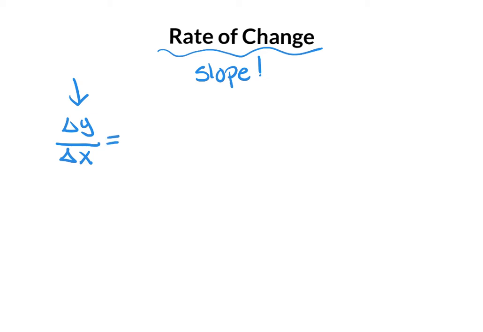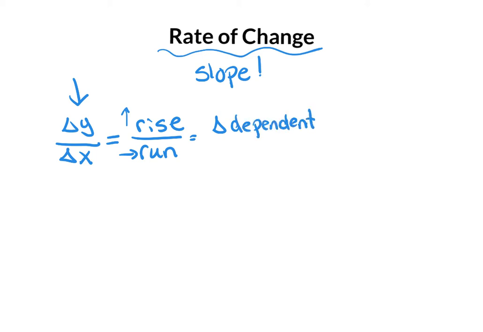When you're dealing with graphs, you probably remember hearing rise over run. That's your y change and your x change. It could also be the change in your dependent variable over the change in your independent variable.